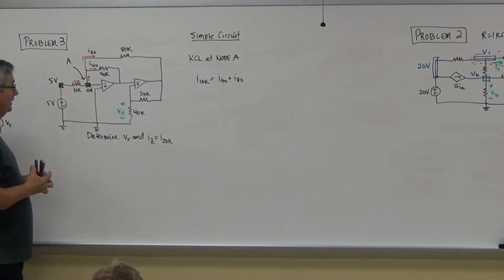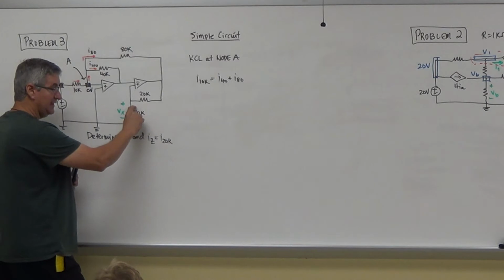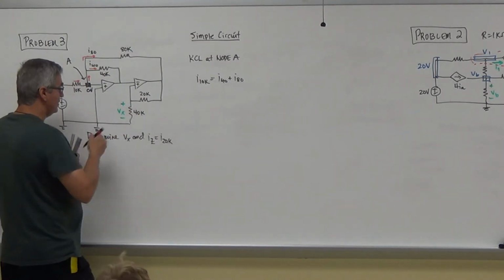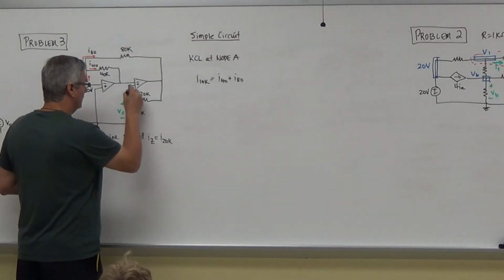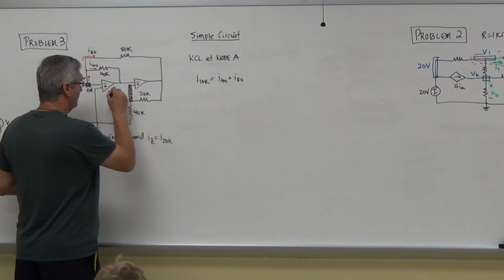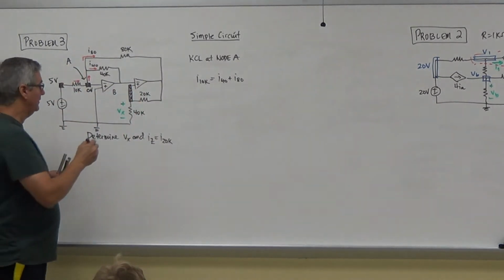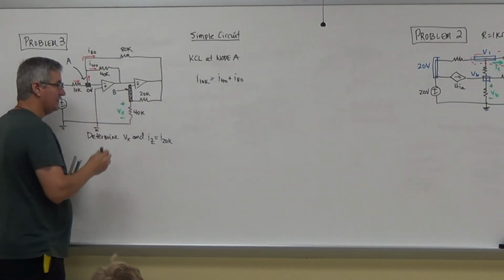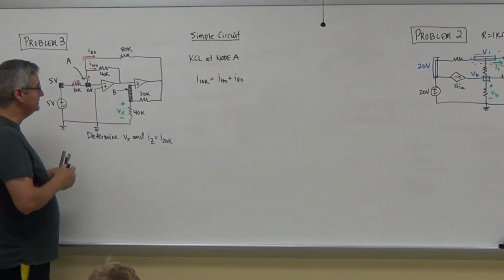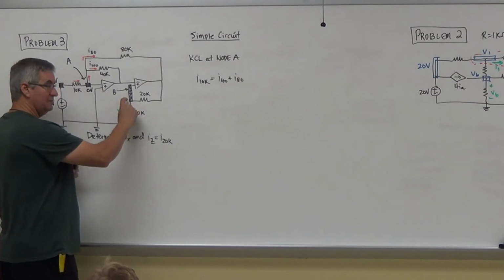Now note that this node here, I'll call node V, but the label should be Vx. But just to be systematic, if that's V, then I could see that this node here has to be Vx.